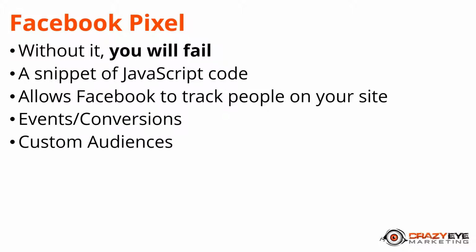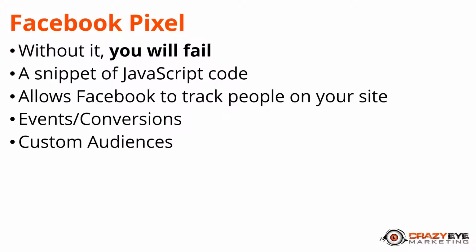Also, what the pixel helps you do is create custom audiences. So you can create audiences of people that have purchased something or visited some page or opted in for something, and then you can go ahead and create a lookalike audience. So basically what that is, if you get a whole audience of customers, let's say you get 1,000 customers on a custom audience that you built with your pixel.